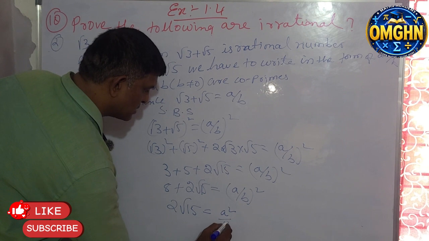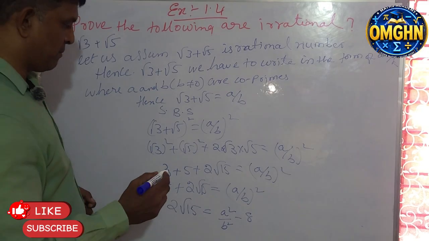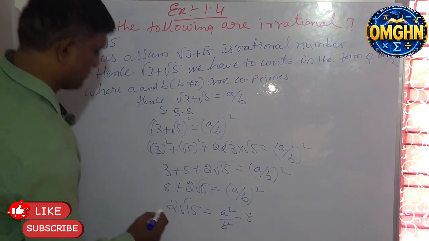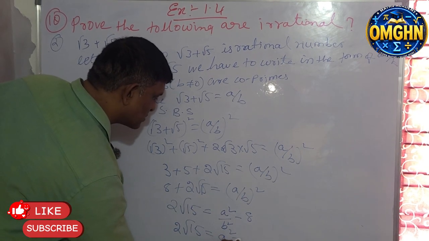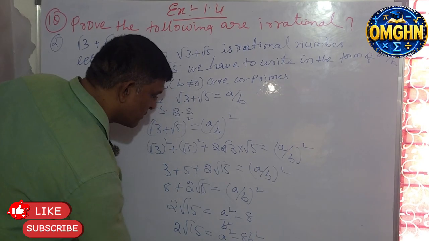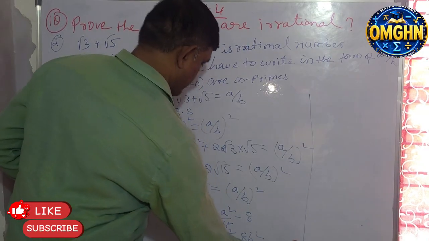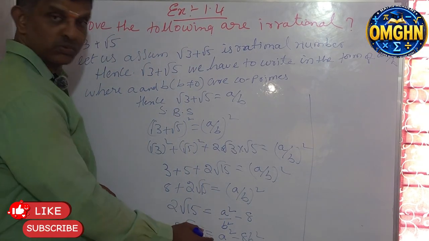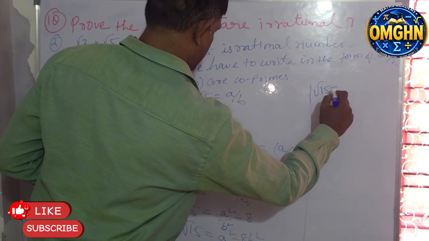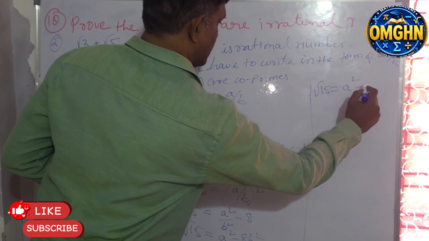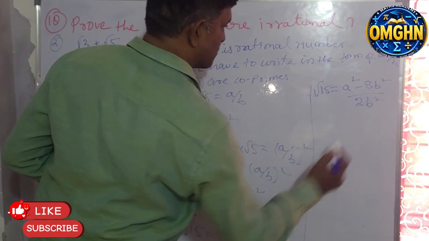a square by b square minus 8. I am sending this 8 that side, it becomes a minus. So 2 root 15 equal to a square minus 8b square by b square. I am sending this 2 down. That is, root 15 equal to a square minus 8b square by 2b square.